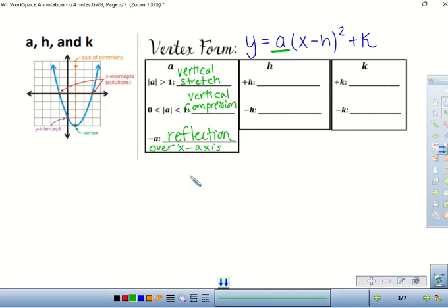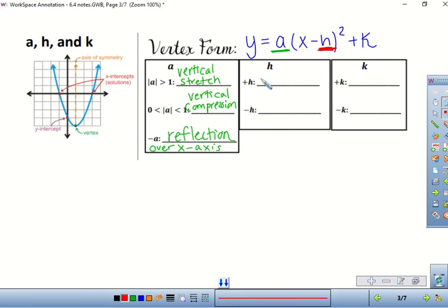And now we're going to talk about the h value. So that's this value right here. And what do you notice about the h value in the formula? What sign is the h in the formula we just wrote? Negative. Okay, so if your h value is positive, when it goes into the formula, it's going to look negative.